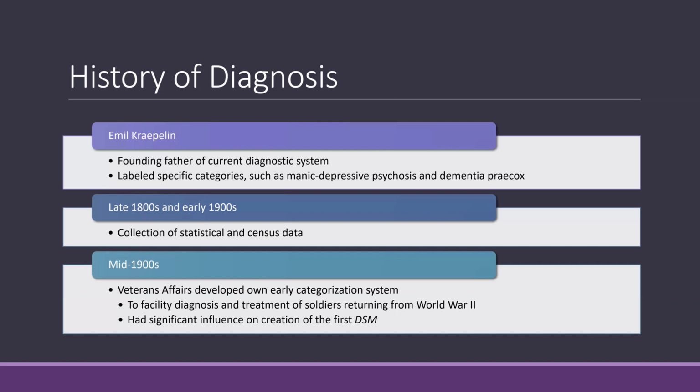But it wasn't really until the mid-1900s, corresponding with a lot of those reform efforts that we talked about earlier in the class, this post-World War II period, where the VA is trying to diagnose and treat soldiers that are returning from World War II. They develop their own early categorization system that really is seen as the precursor to the first DSM.